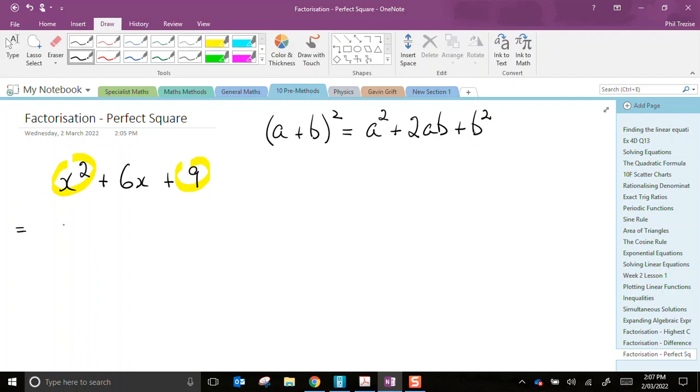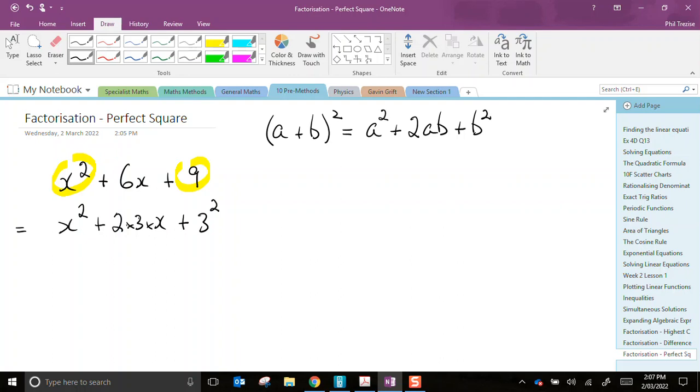So let me just write this down. I've got an x squared there. I'll skip the middle bit for a moment. I've got a 3 squared there. Now that certainly starts to look like the pattern on the right hand side. Now the next bit in the middle I have to check. It's 2 times the first one times the second one. Is 2 times 3 times x the same as the 6x that we had?